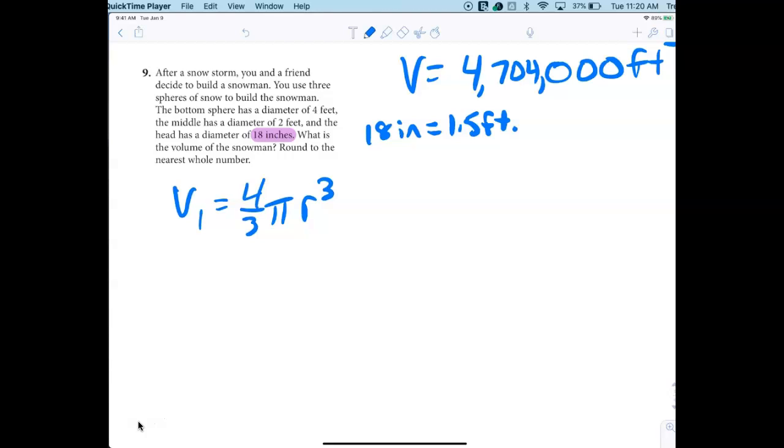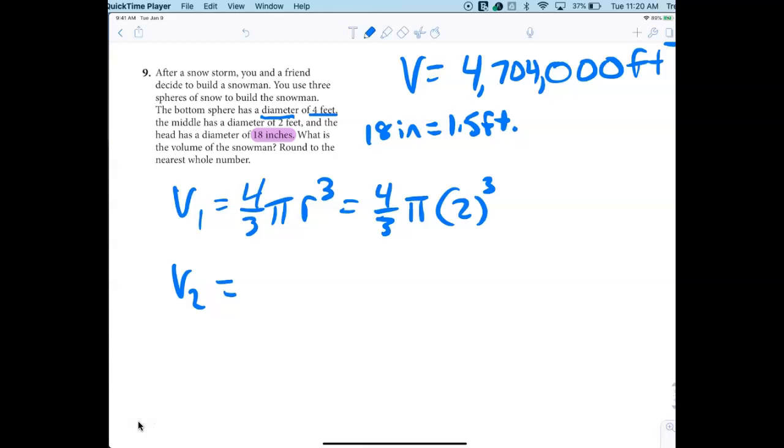Exactly. All right, so here's the snowman, the first sphere is 4 feet diameter, so that means its radius is 2. So it's going to be 4/3 pi times 2 cubed.